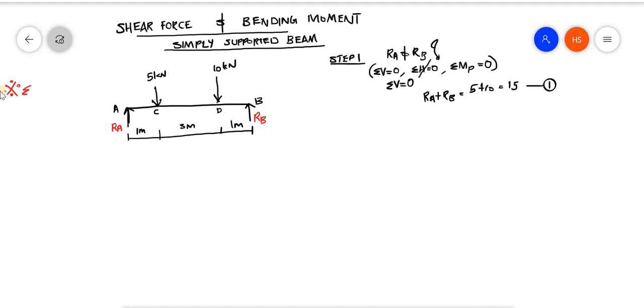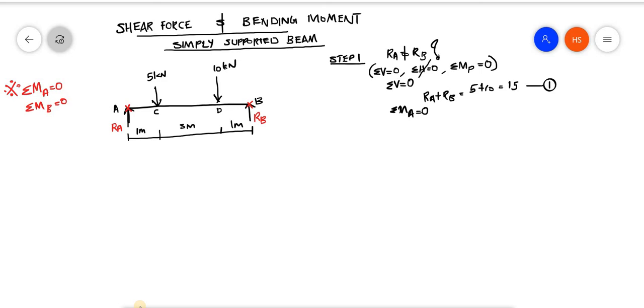That is, the sum of the moments about point A and the sum of the moments about point B, the ends, will be 0. So I have two more equations, and I can take either one. Here I am choosing sigma MA equal to 0.